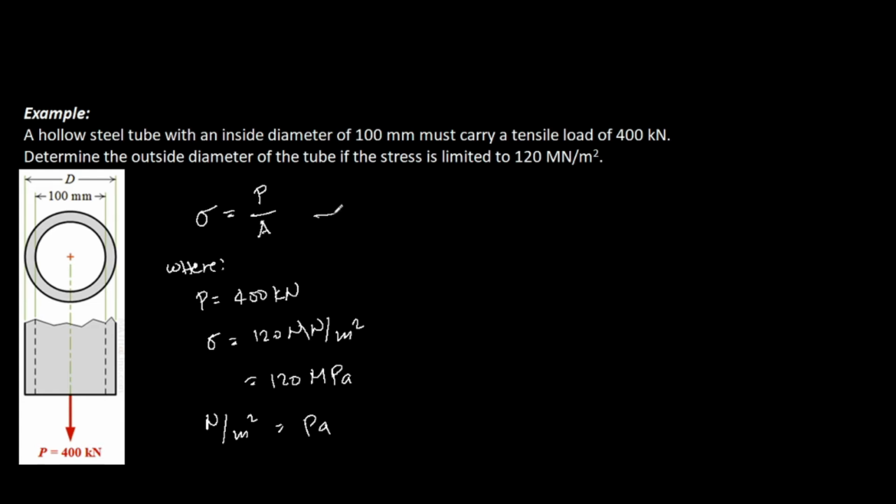Then, based on equation 1, stress, which is 120 megapascal, is equivalent to P, which is 400 kilonewton, divided by the area. Therefore, we need to convert the units.